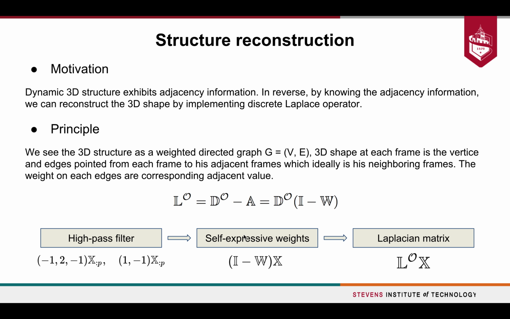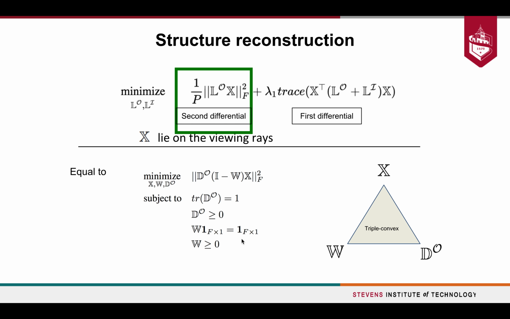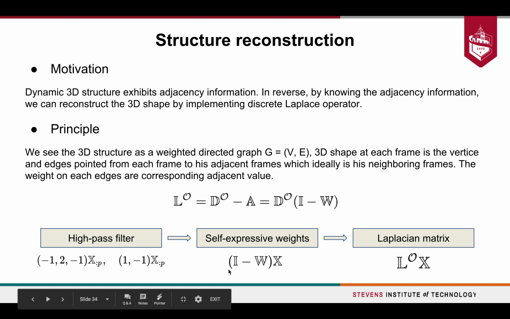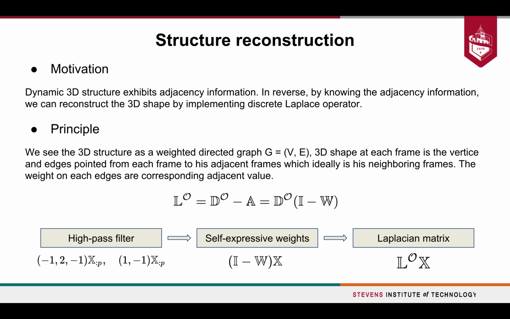And the self-expressive W is a Laplacian where the out degree for each frame is constant, which is 1. So their out degree is the identity matrix, but in our Laplacian operator the D out out degree depends on the adjacency relationship. You can see it as a weighted self-expressive matrix.